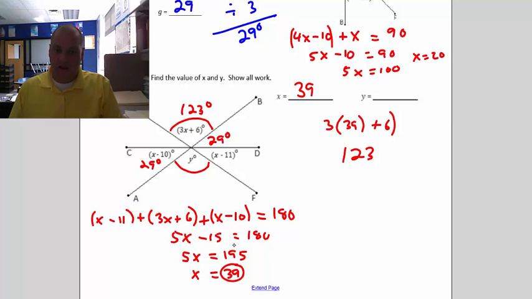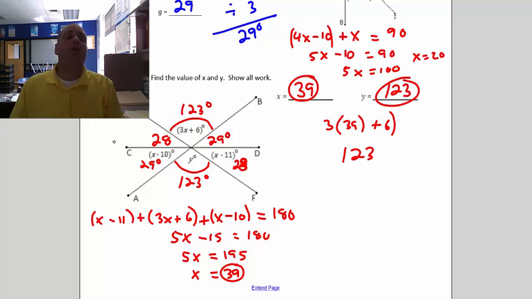And then x minus 11, 39 minus 11 is 28. So then this would be 28. And then if this is 123, this would have to be 123 because it's vertical, and that's our y. So I'm going to say that 123 is y and 39 is x, but we're going to check it.